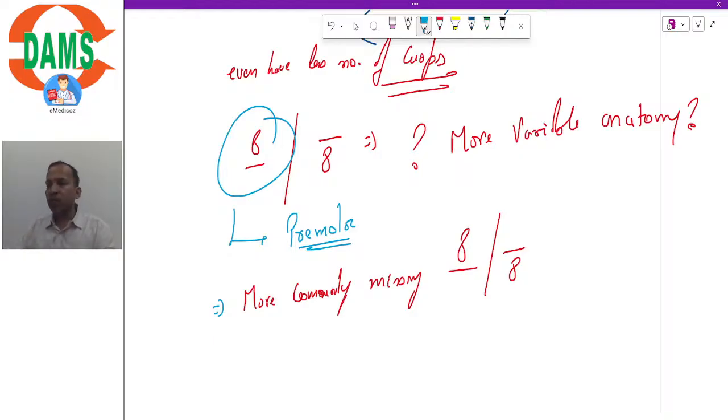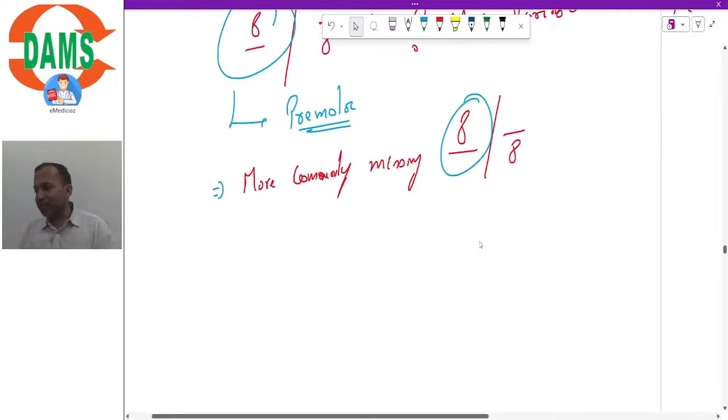Which of the two is more commonly congenitally absent? Again, the answer would be the same. It is the upper 8 which is more frequently missing, right?